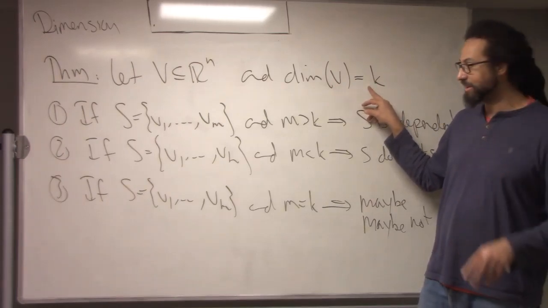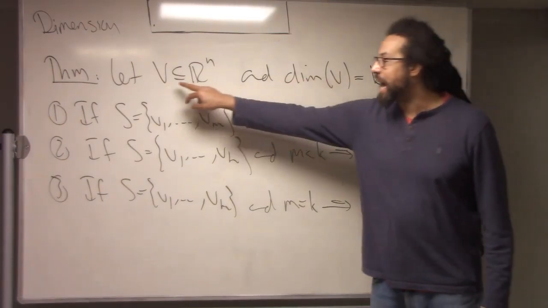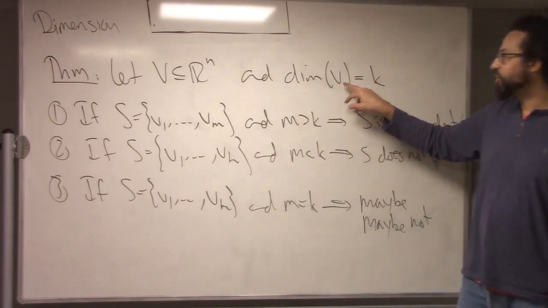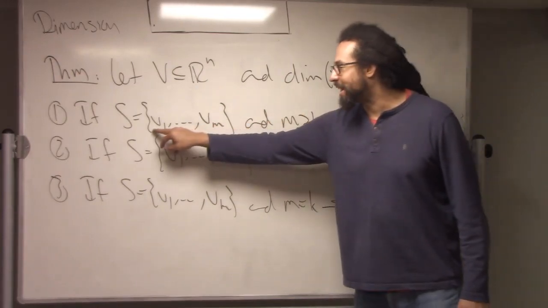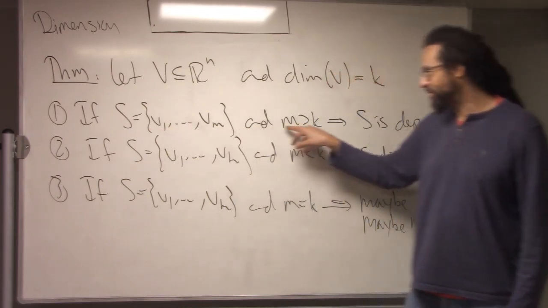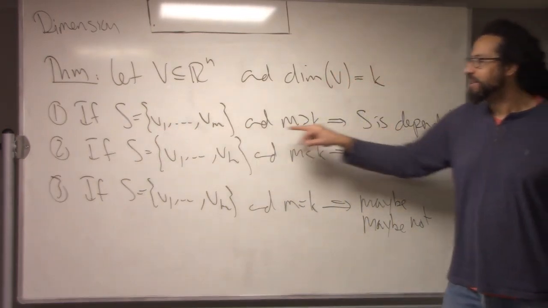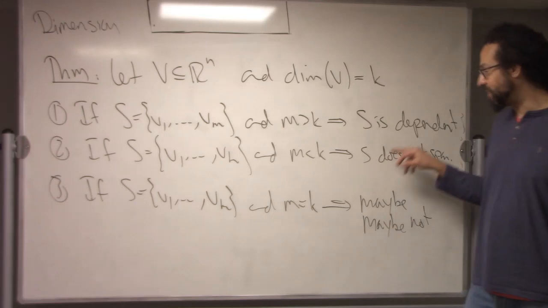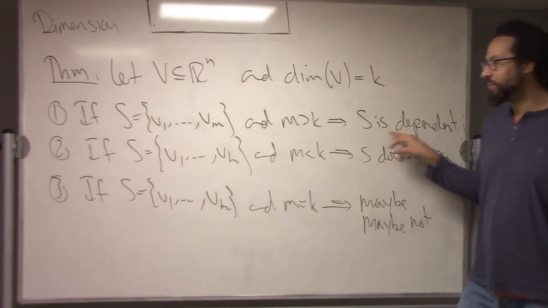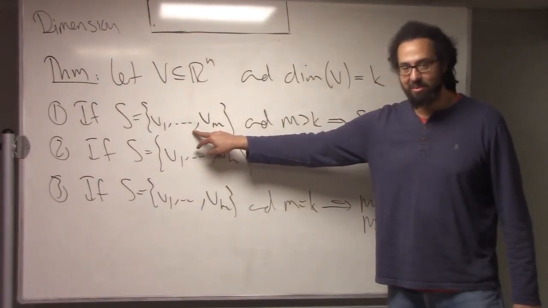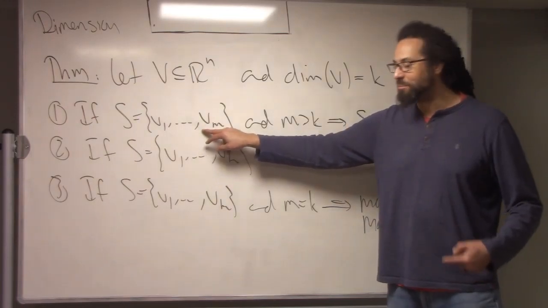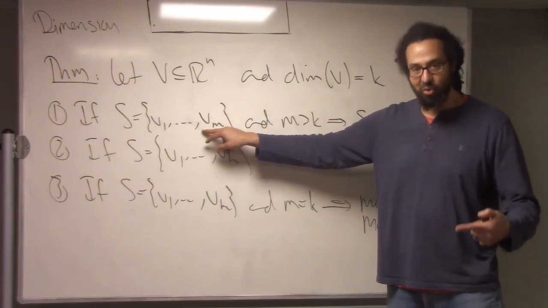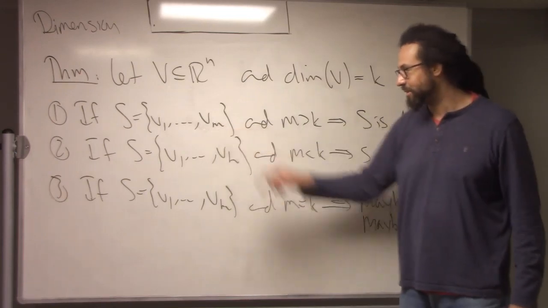That's exactly what that means. So if you've got a subspace of Rn and you know its dimension is equal to k, then any set with more than k vectors, so m greater than k, will have to be linearly dependent. So this thing cannot be a basis because it's got too many directions. It's got more directions than you need, so you get a dependence relation.